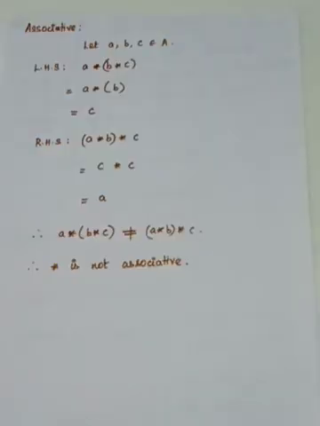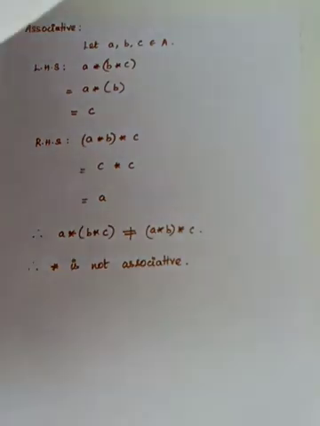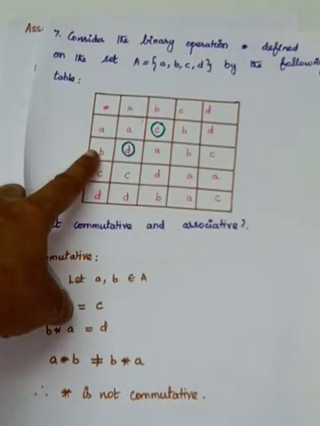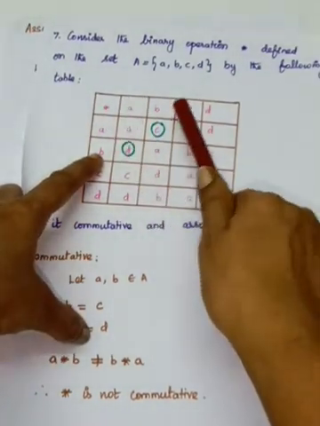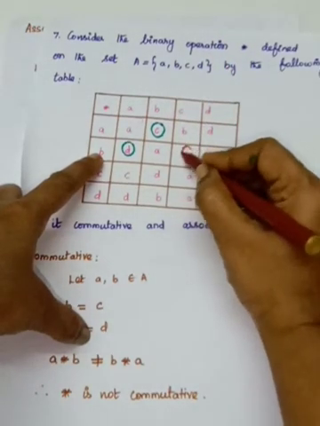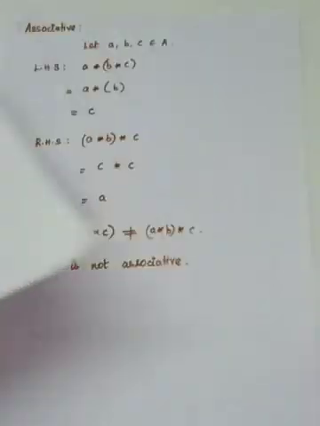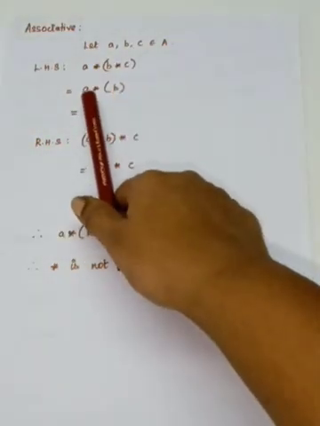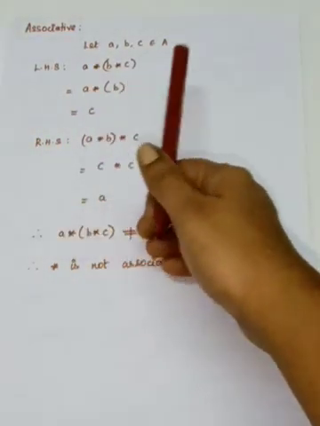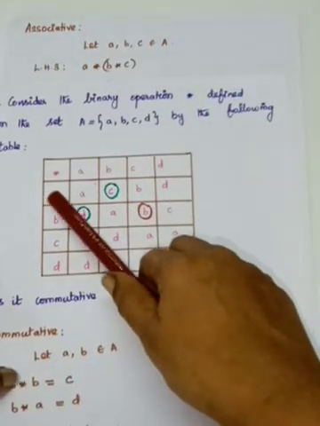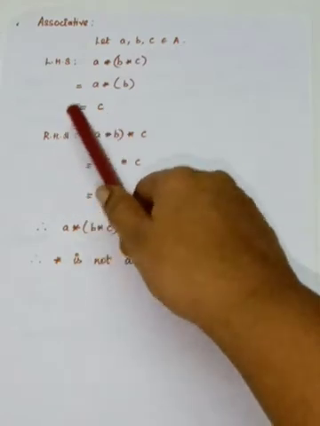From the table you look at b asterisk c. It is nothing but b. So b asterisk c is equal to b. Next, what is asked? a asterisk b. Already we have written a asterisk b is c. So therefore the final answer is c. So the left hand side is over.